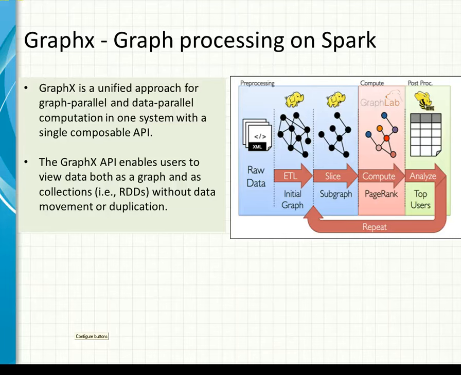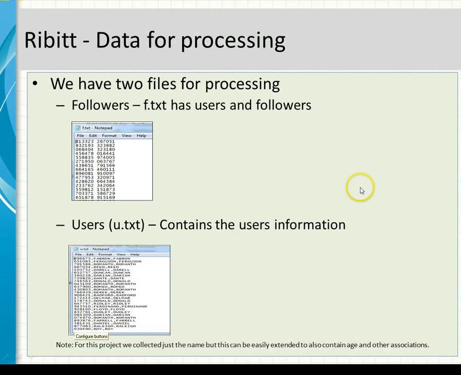On the left hand side, there is data with pre-processing. Then there is ETL, then slicing happens, then computation of an algorithm like PageRank, and then the analysis to get the top 10 users. And you repeat this across different streams.